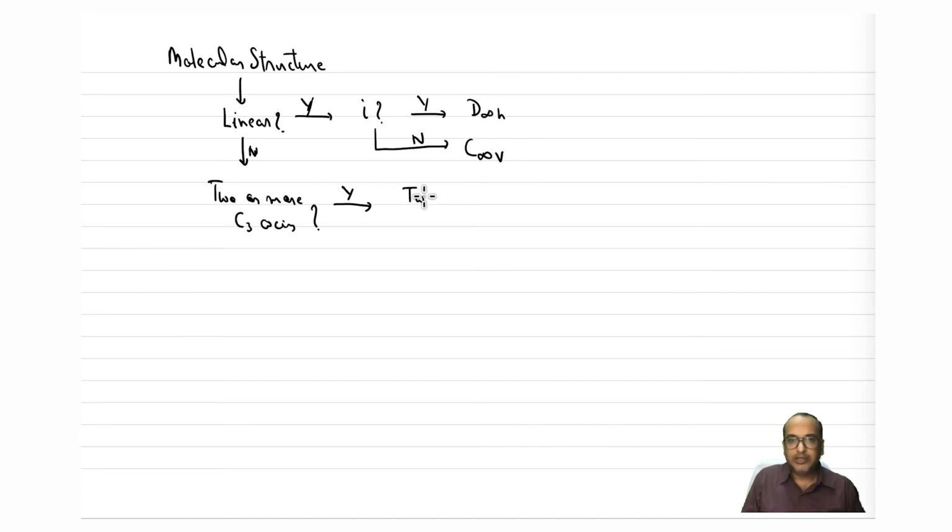Next is, are there two or more unique C5 axes? If it is a yes, then you ask again whether the molecule has an inversion center.